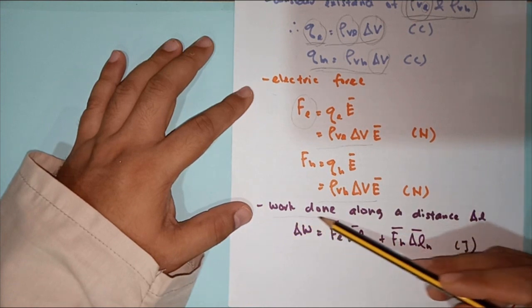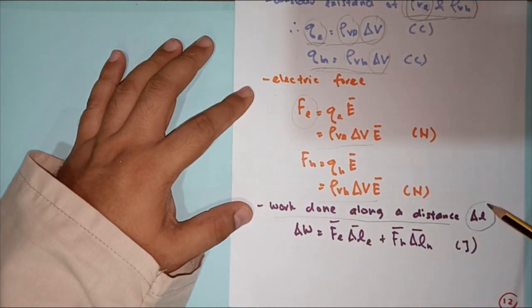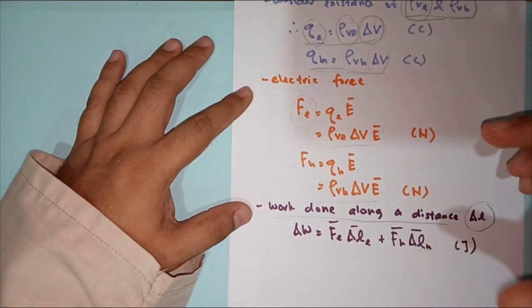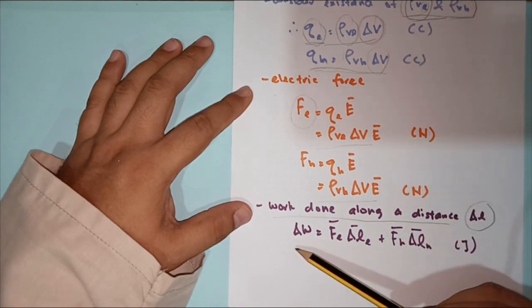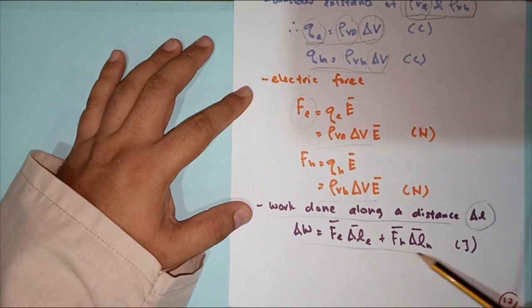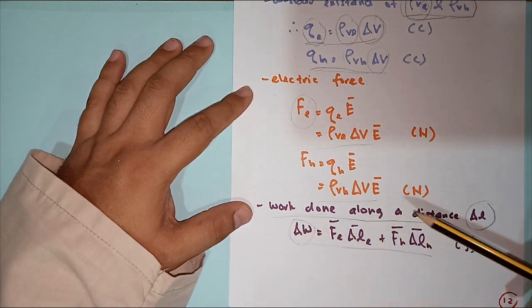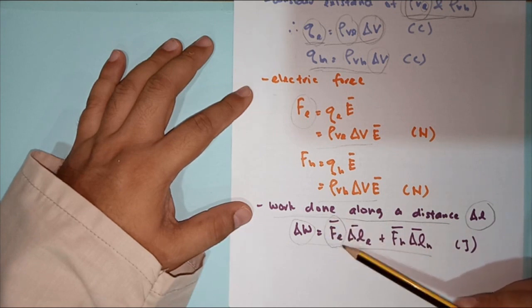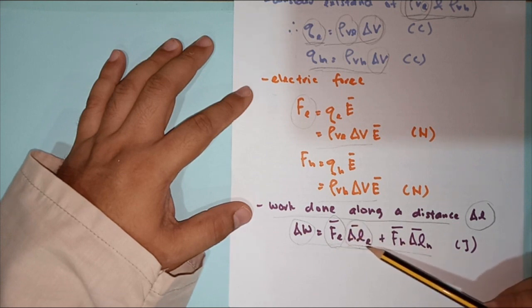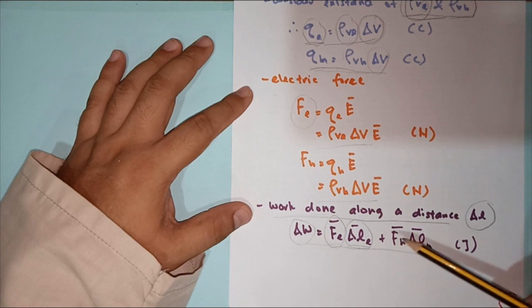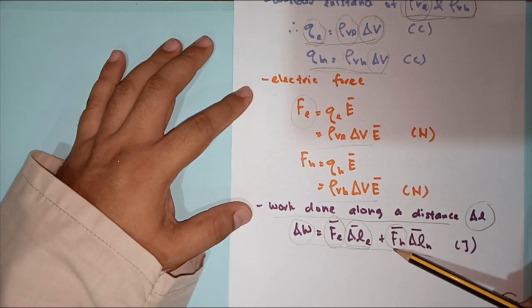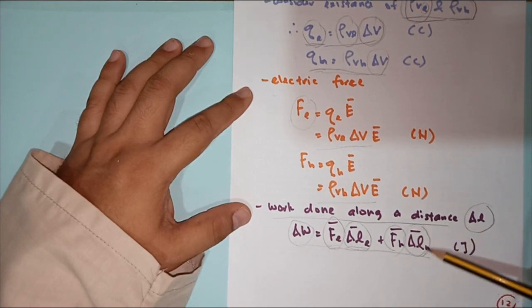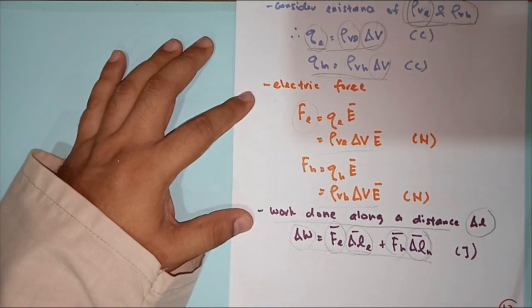Therefore, in order to calculate the work done along a distance delta L, where delta L represents the direction or the distance that the charge, either electron or hole, is moved from one point to another, the work done can be calculated using this formula: delta W is equal to Fe, the force experienced by the electron, multiplied by delta Le, the length that the electron has been moved, plus Fh, the force experienced by the hole, multiplied by delta Lh, the distance that the hole has been moved.